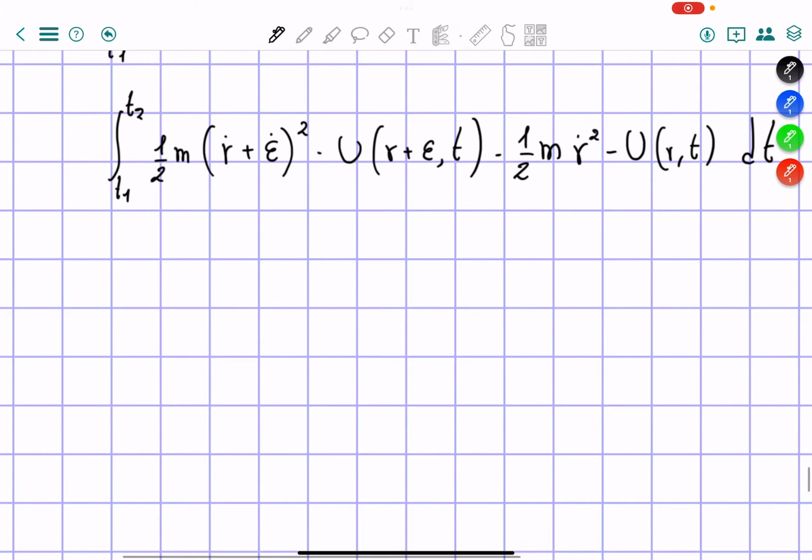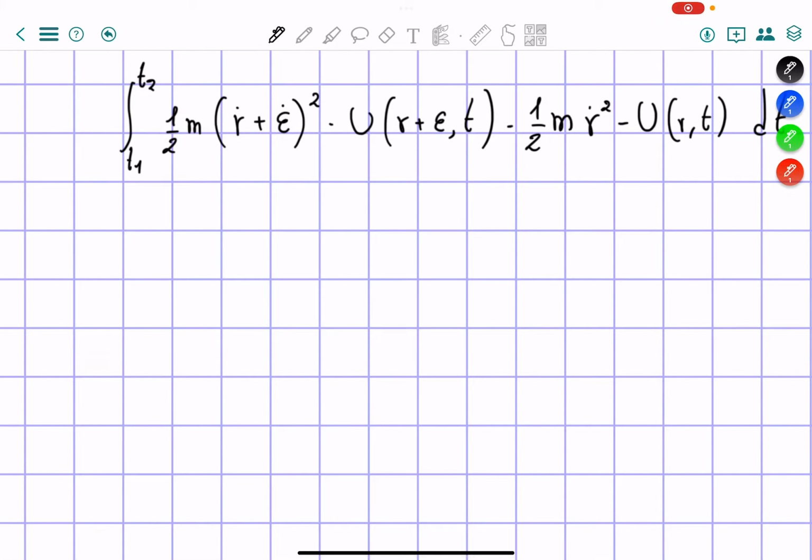Okay, so now we're gonna take some things that we have in common. Here we can see that we have a 1/2 m and 1/2 m. So I'm gonna write it as 1/2 m, and then what we have inside is r dot plus epsilon dot squared minus r dot squared, minus, and then we have the same part here, so we have always u.